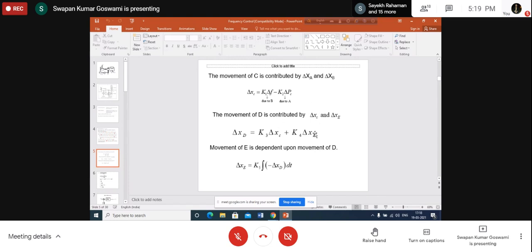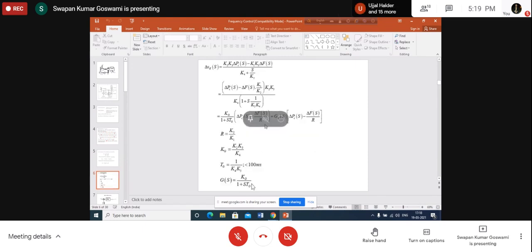And delta XC(s) is the change in the opening of the steam valve. Because later on we shall be using this term with some other component of the load frequency control system, we shall be writing this expression. What is delta XC(s)? You write this expression, then manipulate, modify and rearrange it in this form.